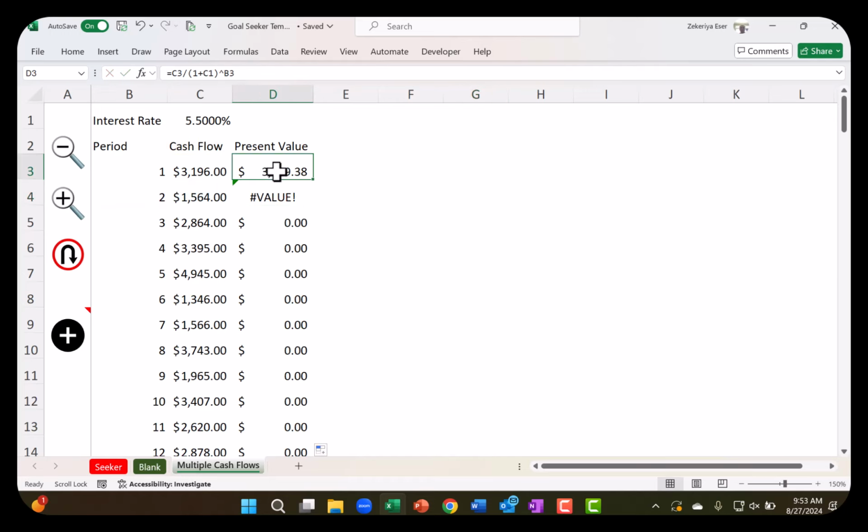For example, here, the C1, the interest rate, refers to the cell C1. When I paste that formula into the next row, any row references are shifted by one. So now it's going to refer to C2, but that is not what I want. I want it to still refer to C1.